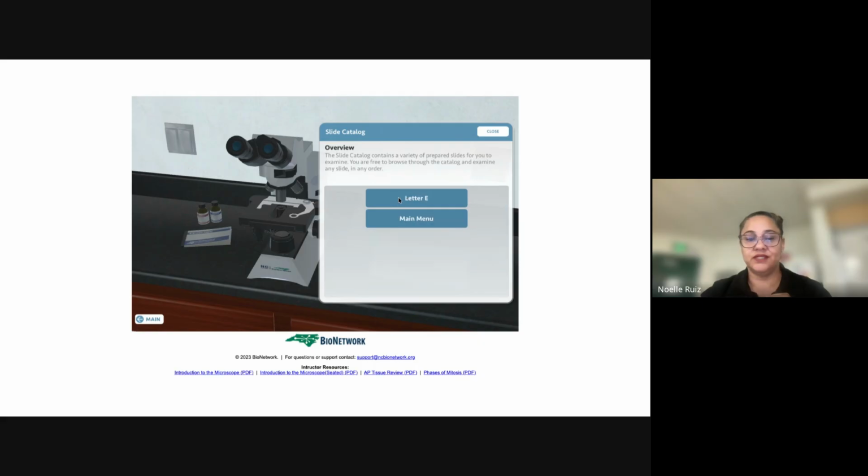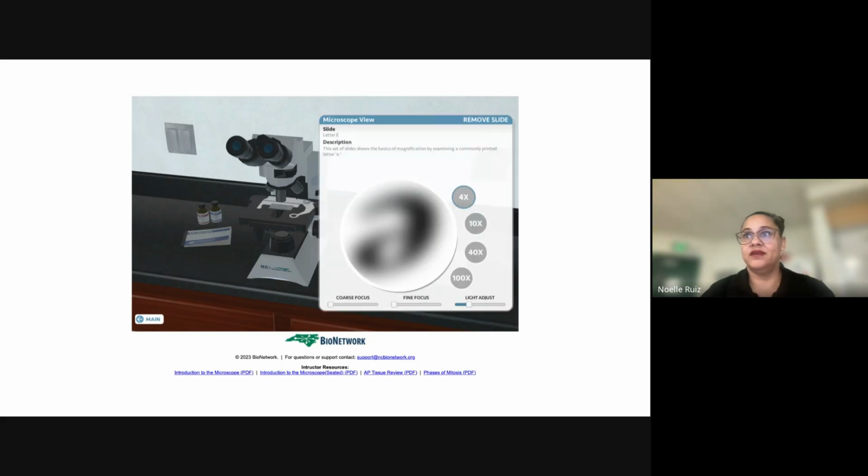So you're going to go on sample slides. Again, this is all spelled out in your assignment. The letter E, and then this comes up. So if you're actually looking under the microscope like this, it's a little bit blurry. So you have to focus it. And that's what these on the bottom, this coarse focus, you got fine focus, and you have light adjustment.